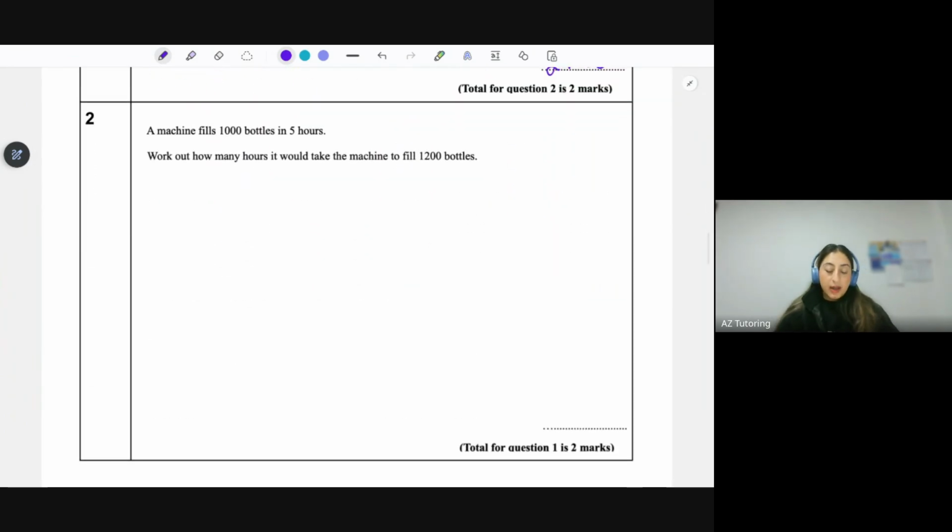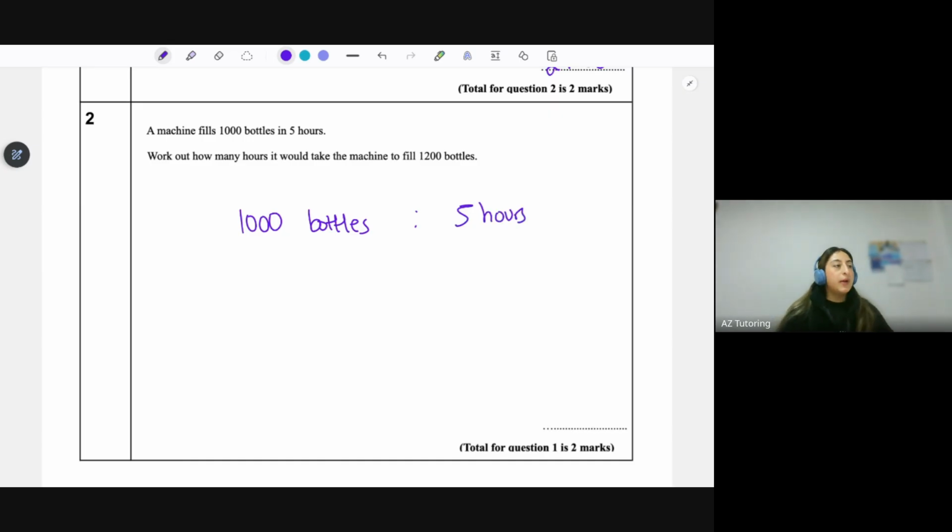Next question. A machine fills 1,000 bottles in 5 hours. Work out how many hours it would take the machine to fill 1,200 bottles. So 1,000 bottles, it takes 5 hours.